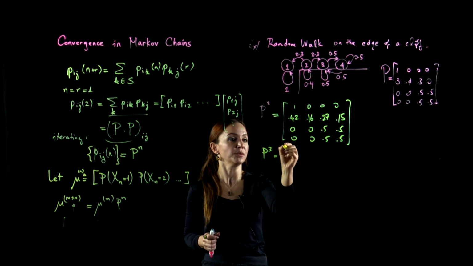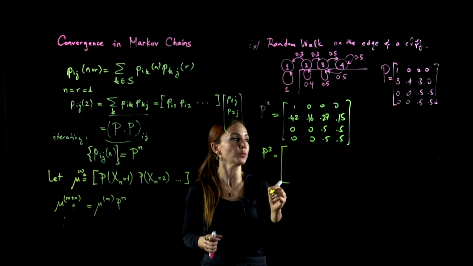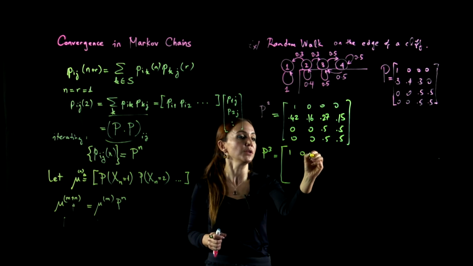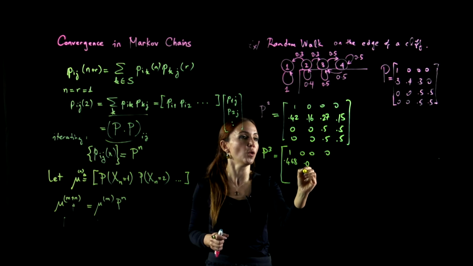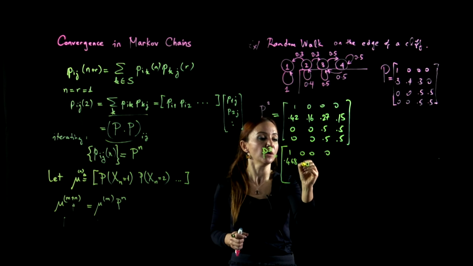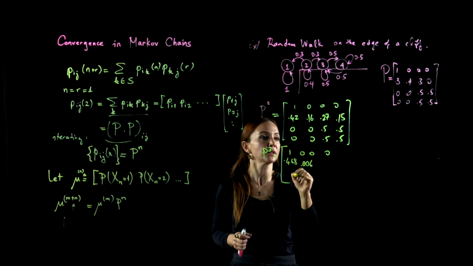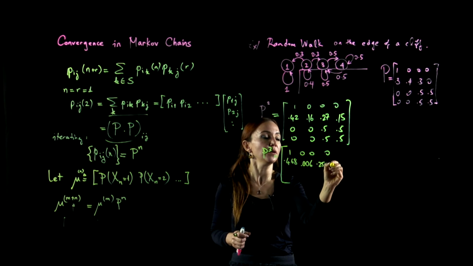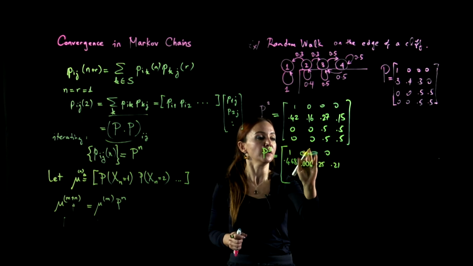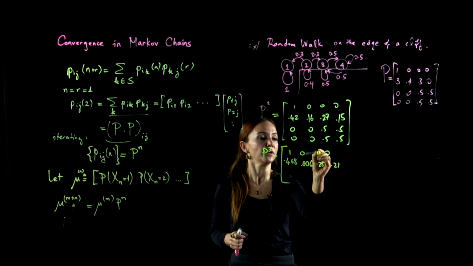When we compute three-step transition probabilities, we get 1, 0, 0, 0, then 0.468, 0.006, 0.25, 0.21. Let me redo this.